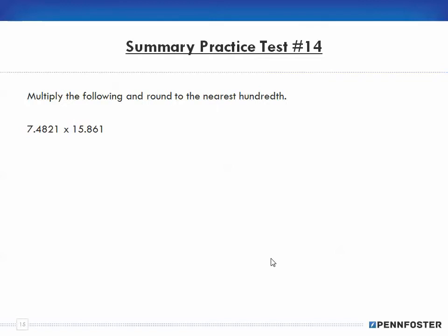14. Multiply the following and round to the nearest hundredth. Wow, big number. All right. 7.4821. 15.861. All right. Now for this, you saw me write out the way the numbers were presented.